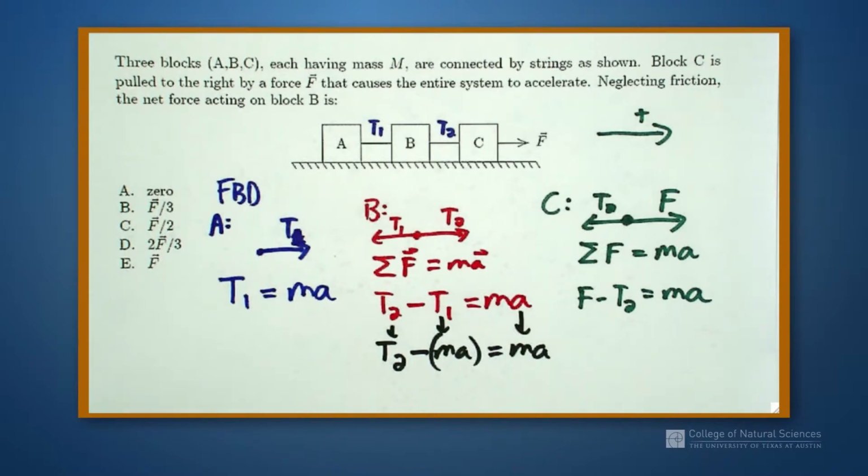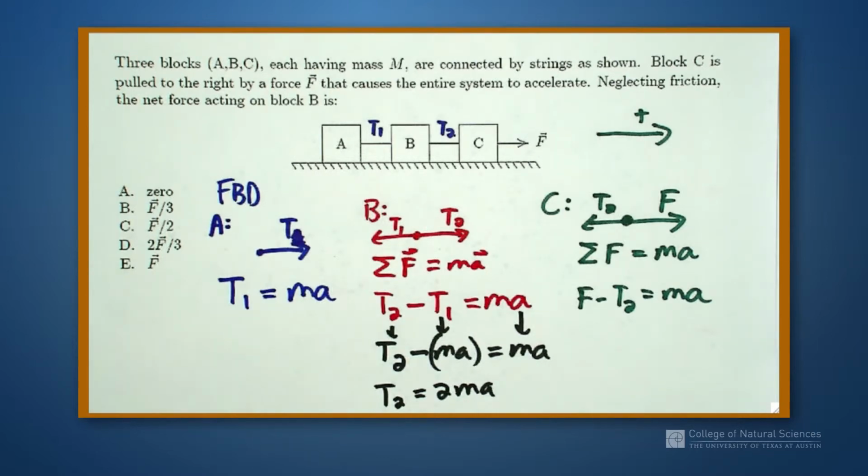I can rearrange this equation and see that T2 is equal to 2MA. I have an MA here and an MA there. They add together when they're on the same side. So I get an equation that says T2 is equal to 2MA.